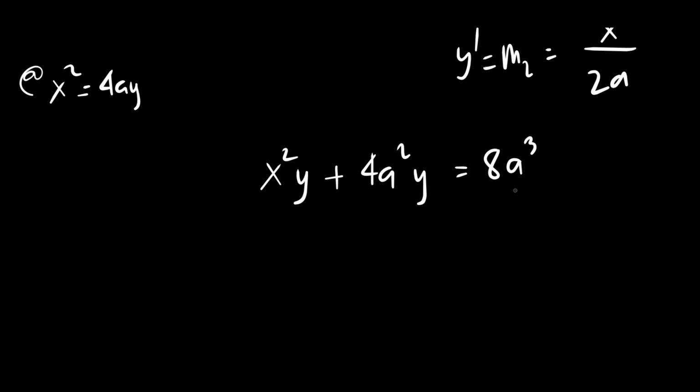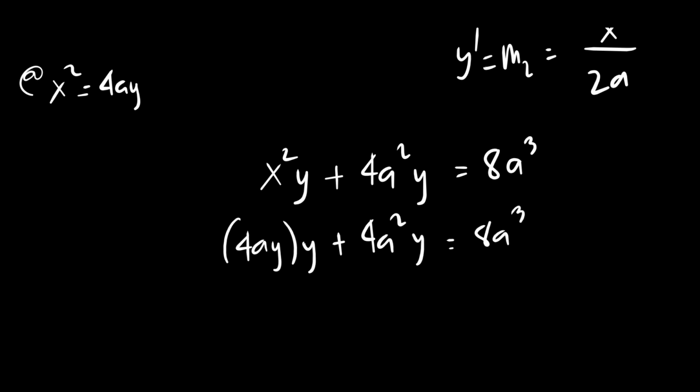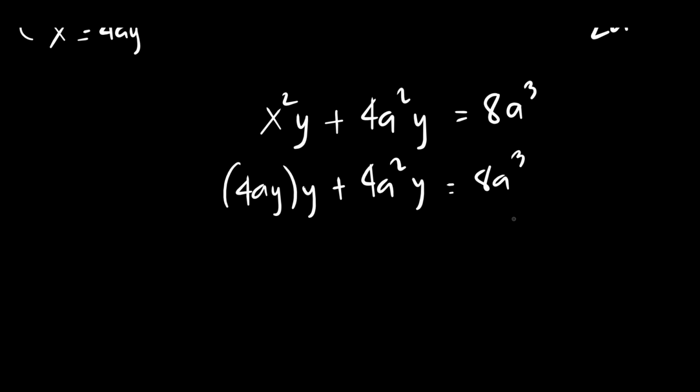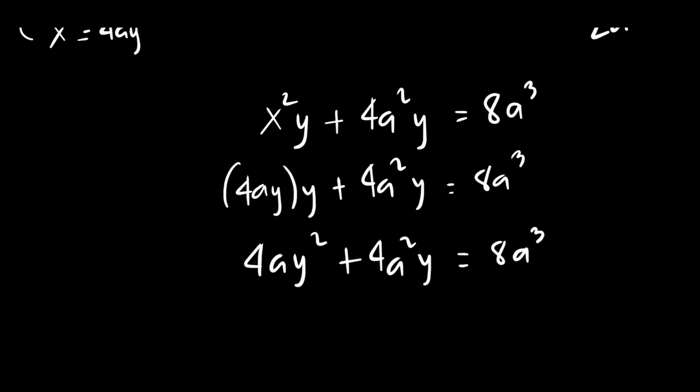Notice that we will substitute x squared here, right? So we'll have 4ay multiplied by y plus 4a squared y equals 8a cubed. So we have 4a y squared plus 4a squared y equals 8a cubed.